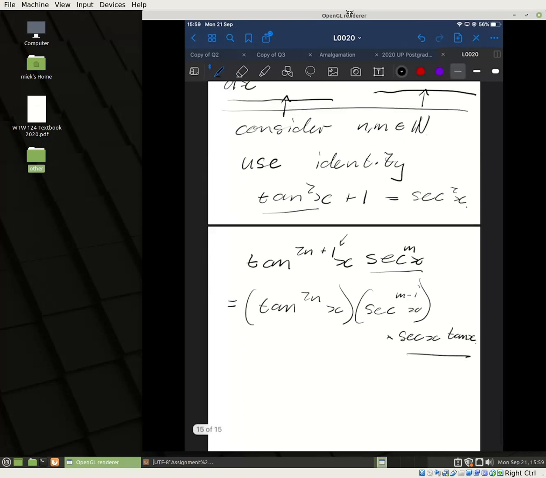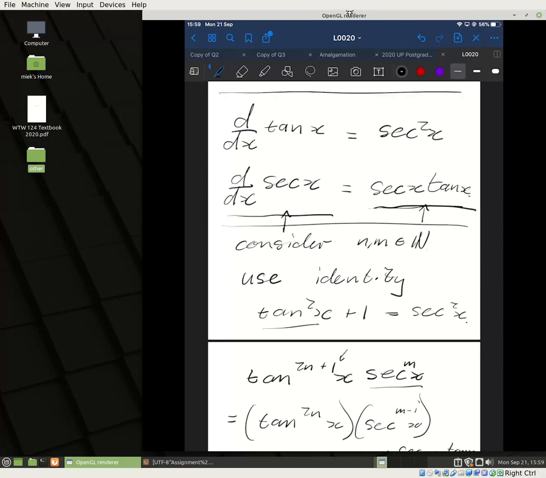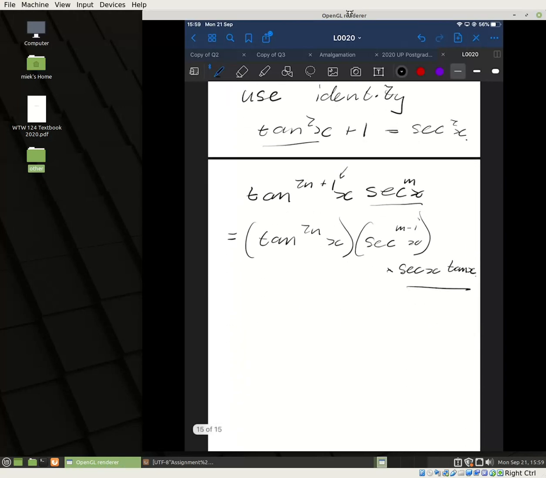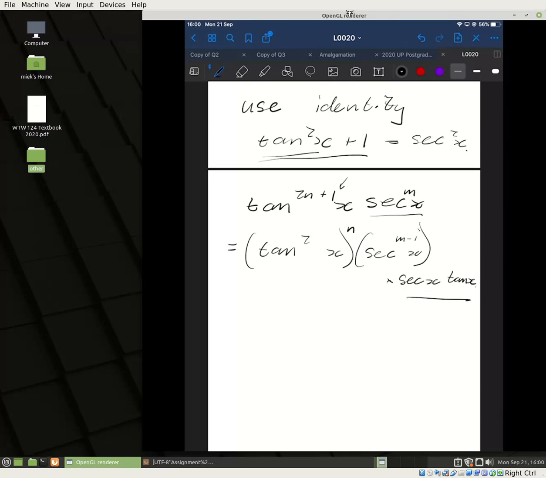And we see here we've got the derivative of sec x. And now the idea is to convert these tans into secs, using this identity that we have written down.